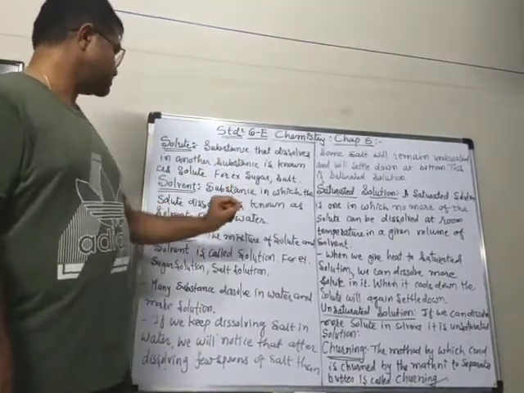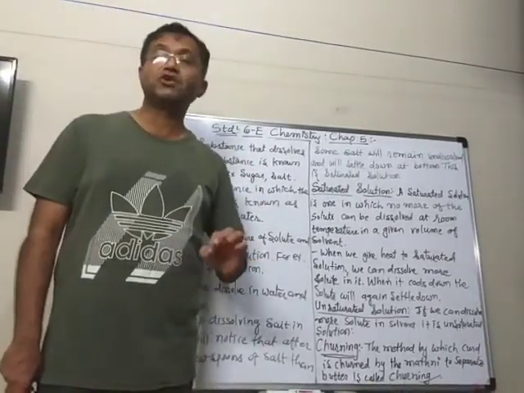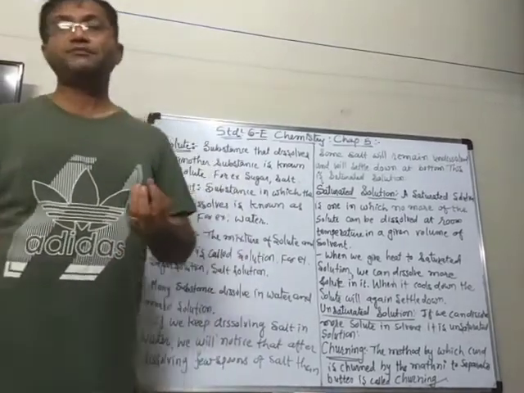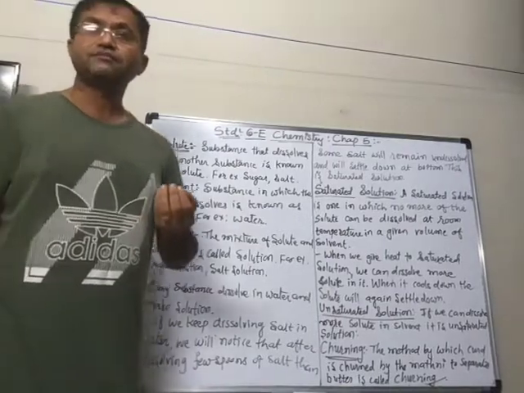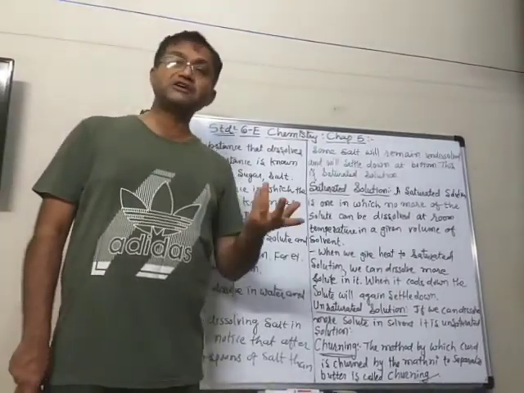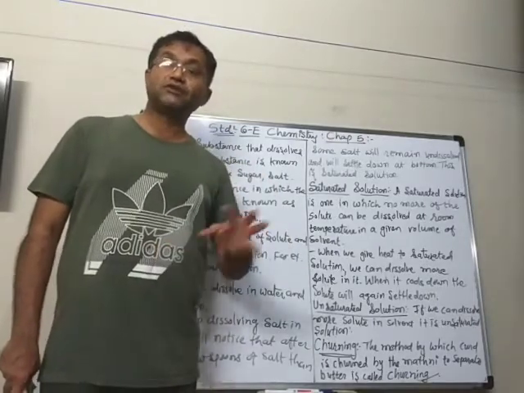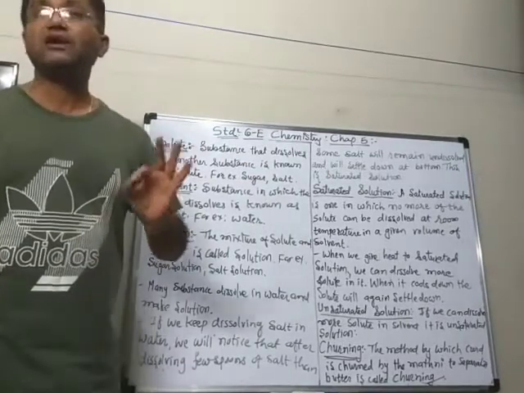Substance in which the solute dissolves is known as solvent. So when we throw sugar or salt in water, where they dissolve in water, therefore, the water is known as solvent.